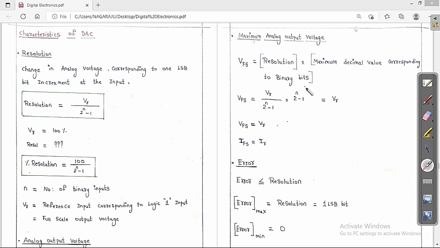Therefore, the full scale voltage, or maximum analog output voltage, is equal to resolution into the maximum decimal value corresponding to the binary inputs.